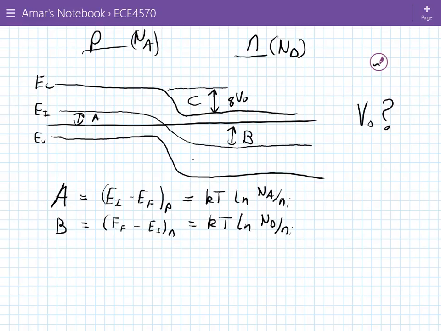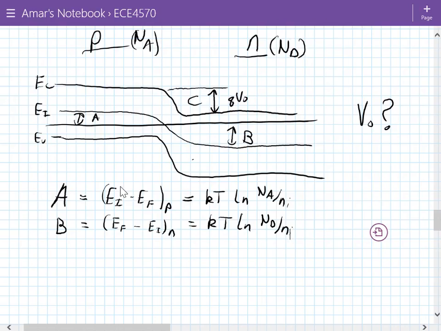Put on your geometry hats and see if you can figure out C in terms of A and B. C is A plus B. Yeah, that's it. I know my drawing's terrible, but if I were to really draw these lines in parallel, you'd see that C is equal to A plus B, because these are three parallel lines.